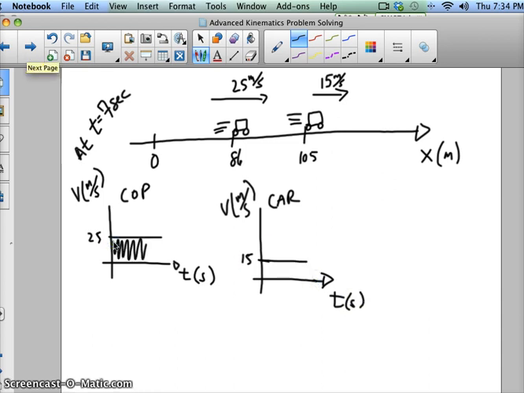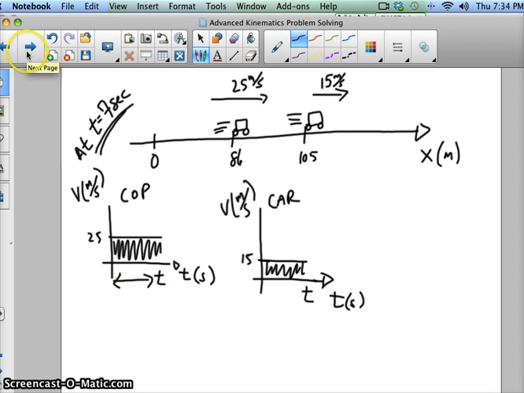And let's say at t seconds after 7 seconds, so if we start time over at the 7-second mark, let's find out how much time goes by before they actually meet.